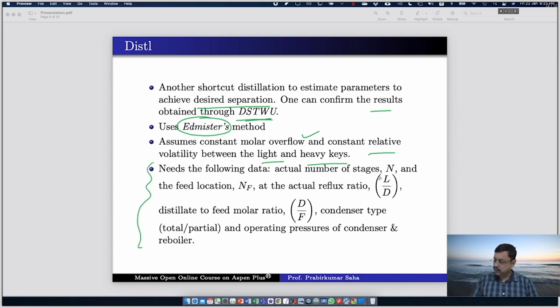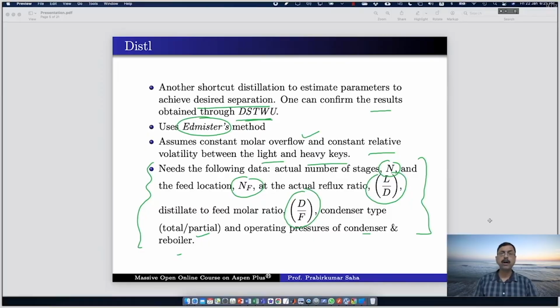It needs the actual number of stages, the feed location, the actual reflux ratio, and the distillate to feed molar ratio. It also needs the condenser type, whether it is total or partial, and the operating pressure of the condenser and reboiler.